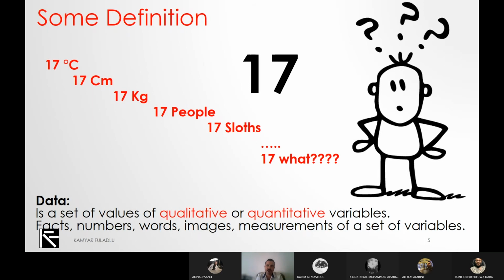The important thing is that when we get this set of values, we need to convert it to something meaningful for us. We need to put something at the end to inform our audience. So we can say that we are working with 17 people, so you understand that this 17 is people.